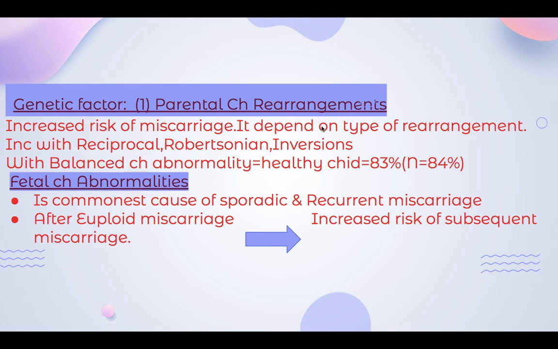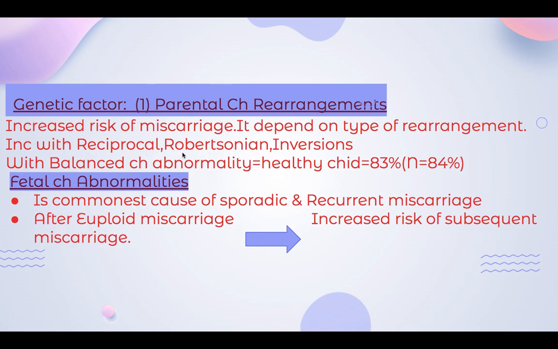Okay, so it depends upon the type of the rearrangement. The risk increases with reciprocal translocation, Robertsonian translocation, and inversions, right? So you have to remember these three names: reciprocal translocation, Robertsonian translocation, and inversion.